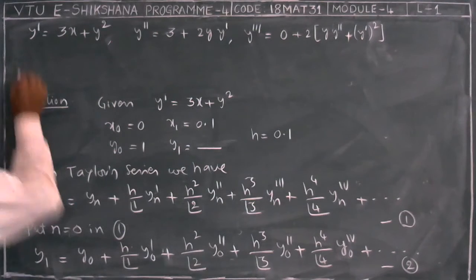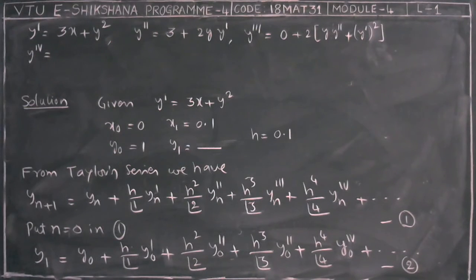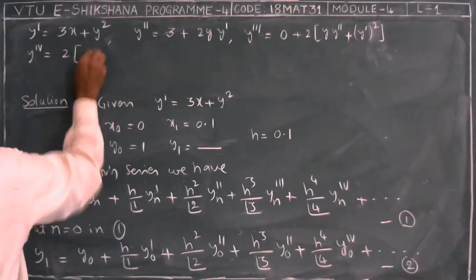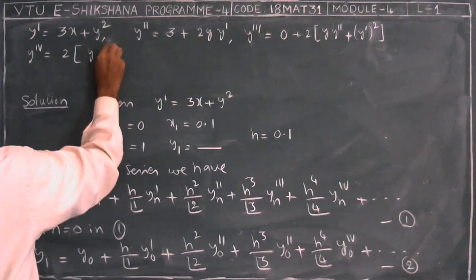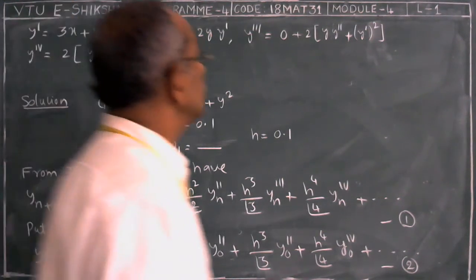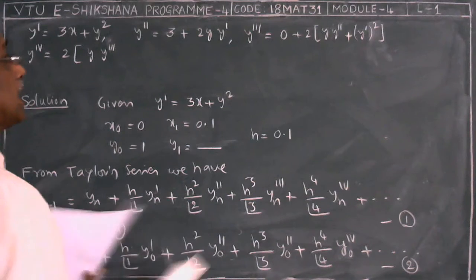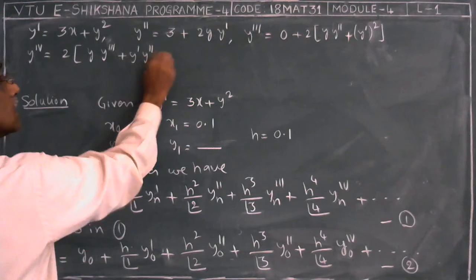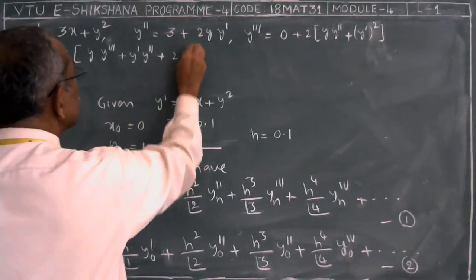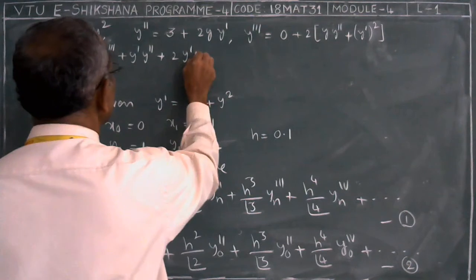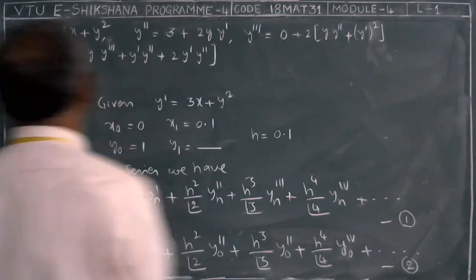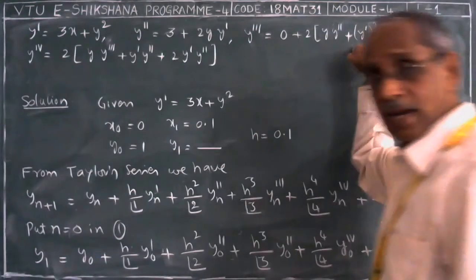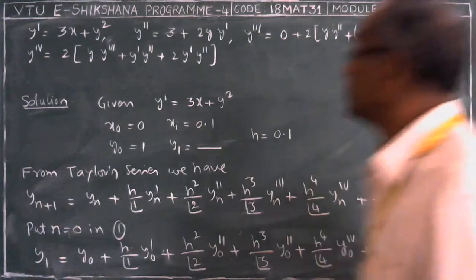Then y4, the fourth derivative of y with respect to x, is 2 into y into y triple dash, again the product rule here: y dash into y double dash plus y dash into y double dash, plus 2 into y dash into differentiation of y dash, which is y double dash.